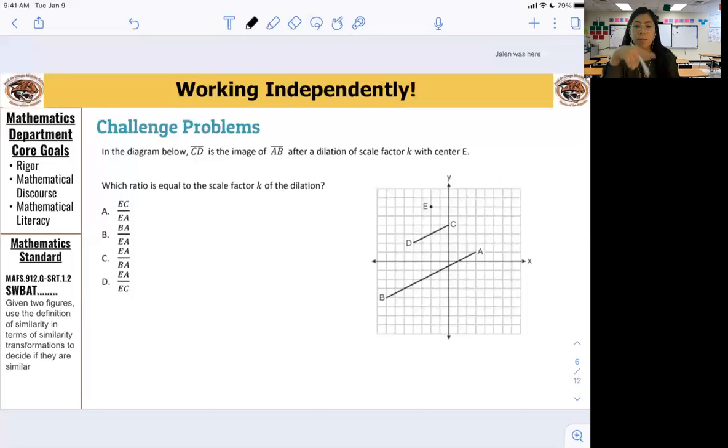The question was: which ratio is equal to the scale factor of K?